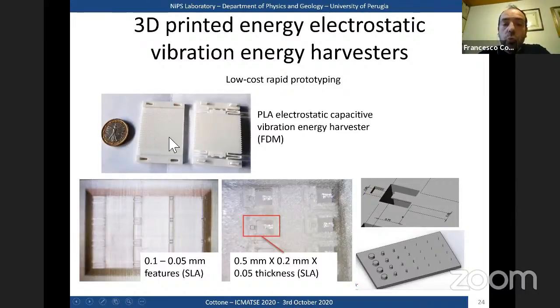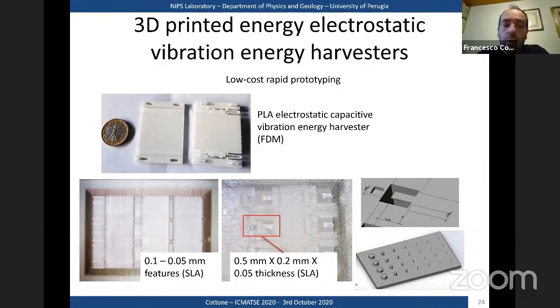Actually, these 2 were then electroplated with copper in order to make them electrically conductive. But you can also find some materials that are already conductive, like conductive PLA, or PLA charged with copper nanotubes, that you can find on the market in order to print out directly a conductive material.